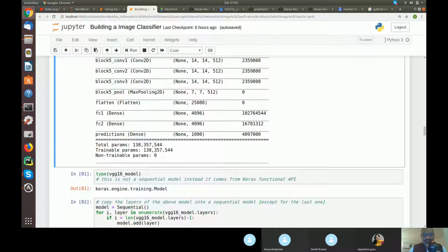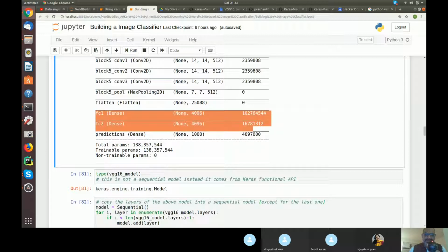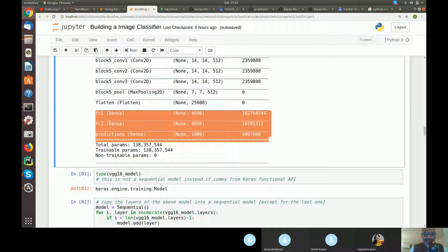So maybe one thing else that you might try, as Sendhil was pointing to, was you can just optimize the final dense layers, all 3 of them, instead of just one. Essentially, you can try various approaches and see what works best for you.